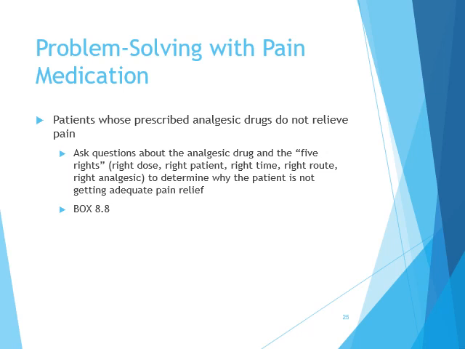Knowing when the peak is, what's the peak time that this medication is in the patient's blood system and they're feeling that pain relief? And then how long does it last? Also consider an alternative prescription if you need to. And then the right patient, right route, right analgesic, right dose, right time.